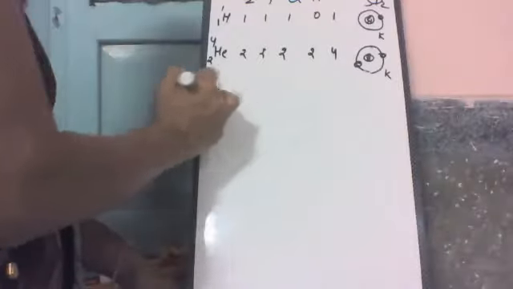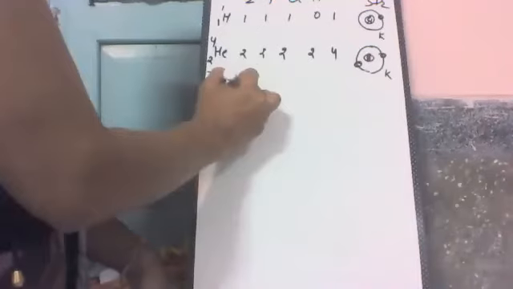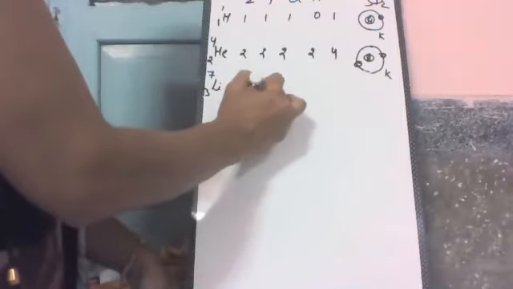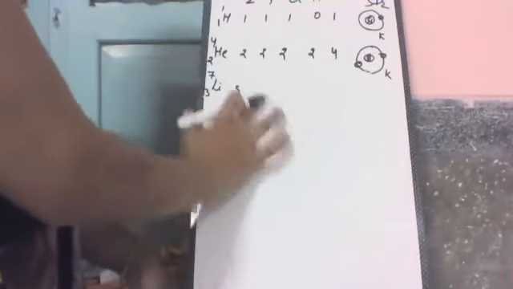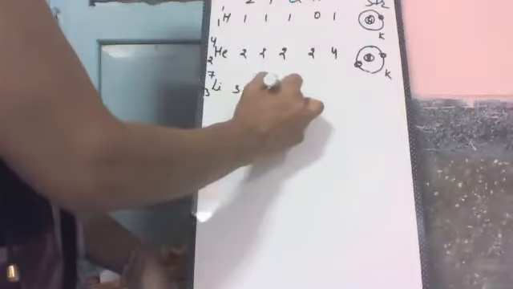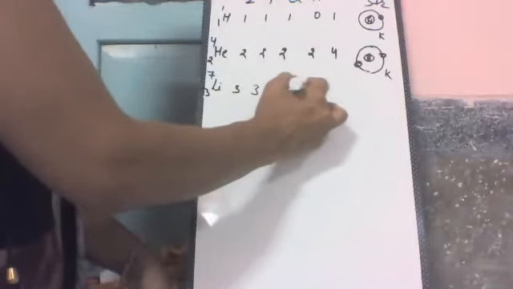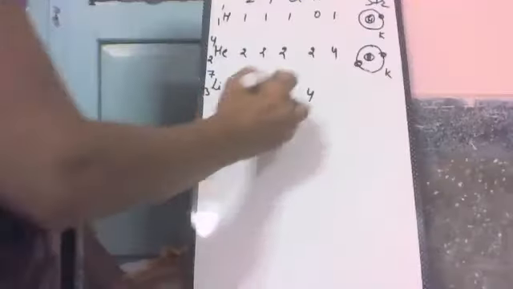Then lithium: atomic number is 3 and atomic mass is 7. So we can say the atomic number is 3, number of protons is 3, number of electrons is 3, number of neutrons is 4, 7 minus 3.